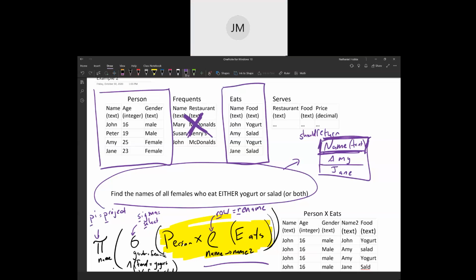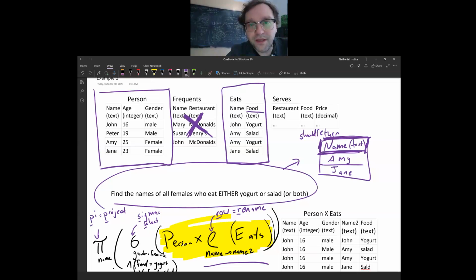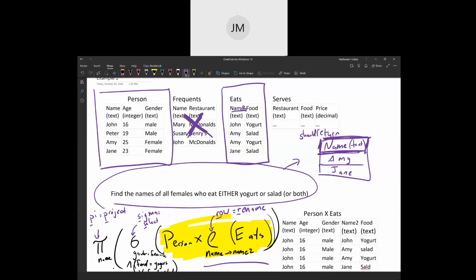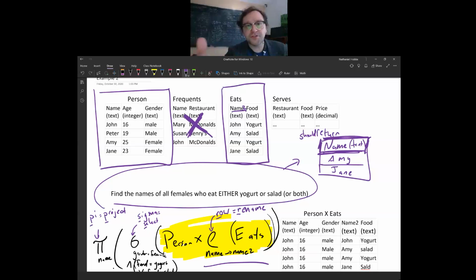So what that rho is going to do is change the name of this column to name 2. From name to name 2. Okay, now these are the two relations that we cross multiply. Yep.